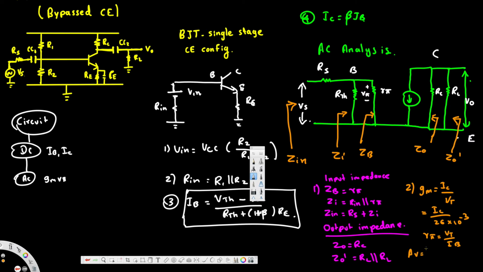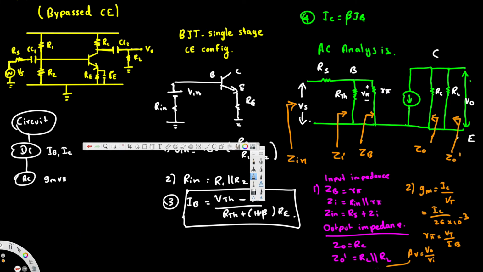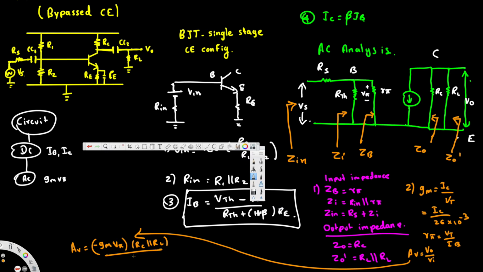AV is equal to VO divided by VI, this is the voltage gain. Let's continue here. AV is equal to VO divided by VI. Okay, let's plug in the values. VO is basically the current times the parallel resistance: negative gm times V5 times RC parallel RL, divided by V5.